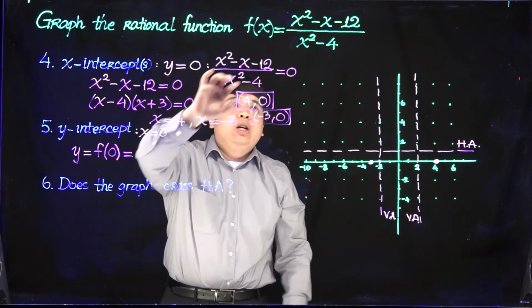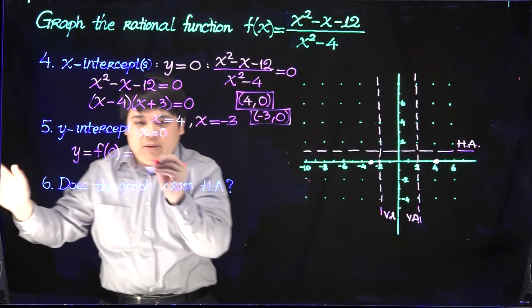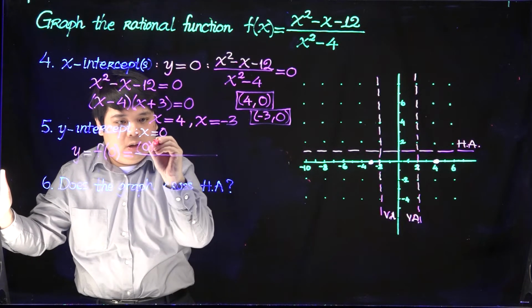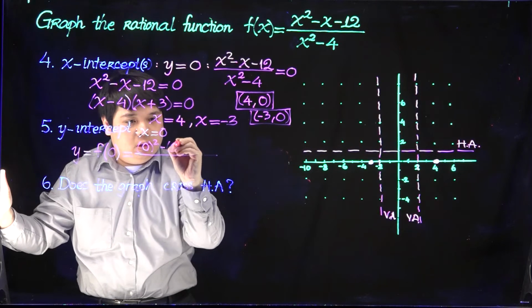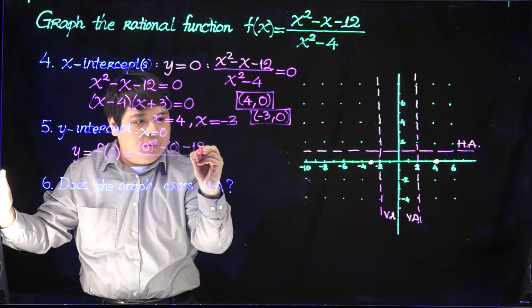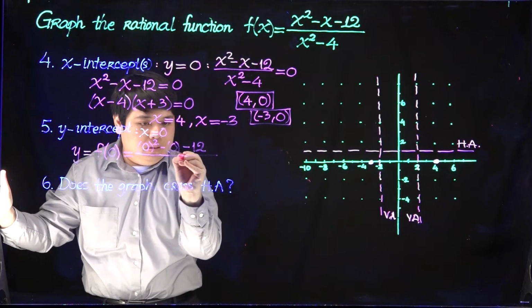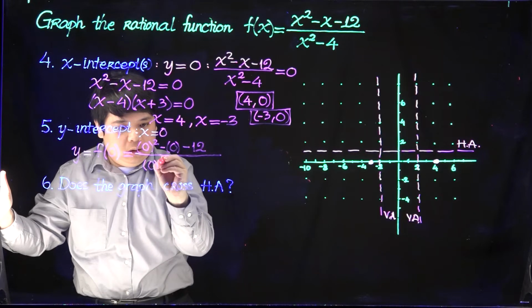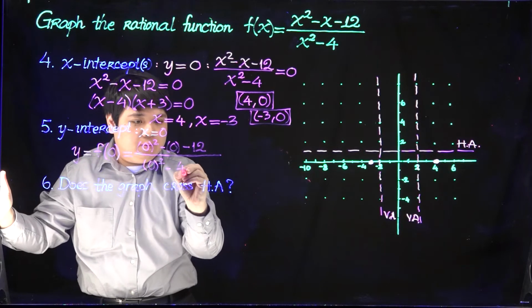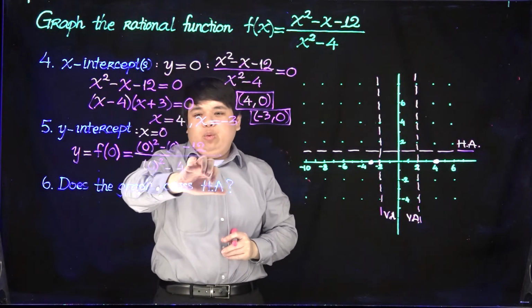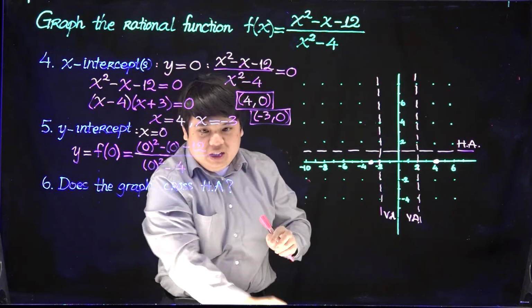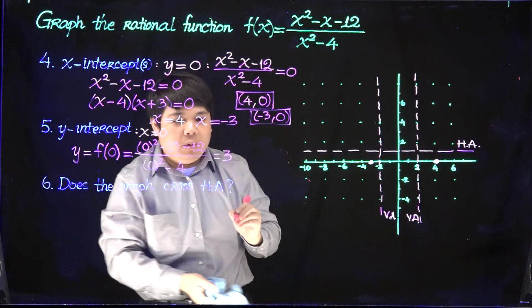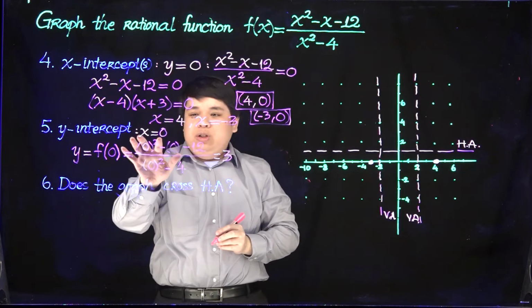Putting 0 here and 0 here, we will have 0 over -12 over -4, and that is 3. So we have x equal to 0, y equal to 3.